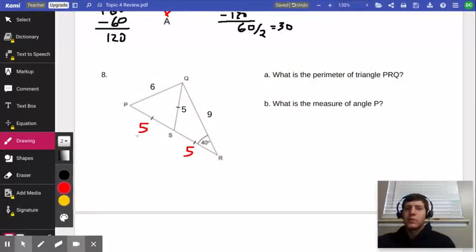Okay, and then for our perimeter, we just add up whatever's on the outside. So we're going to do 5 plus 9 plus 6. So the perimeter of triangle PRQ there is going to be 5 plus 9 is 19 plus 6 is going to be 25.